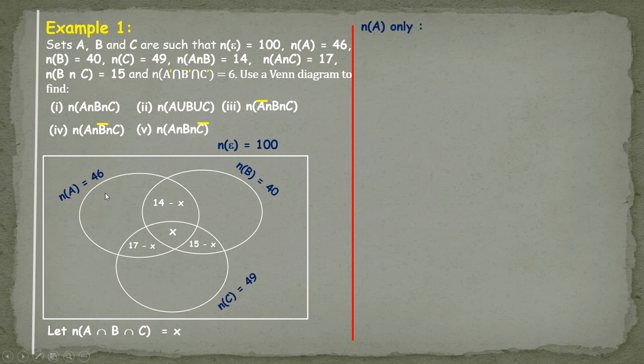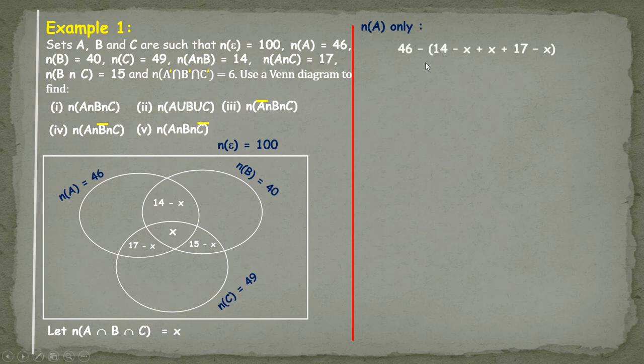If I add these, it would now give me the set A, which is 46. So getting what is in this part, A only, will be 46 minus the sum of these, and that is the idea we shall use.